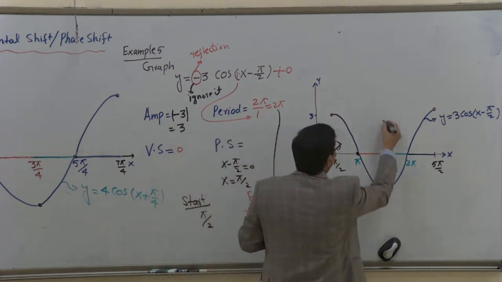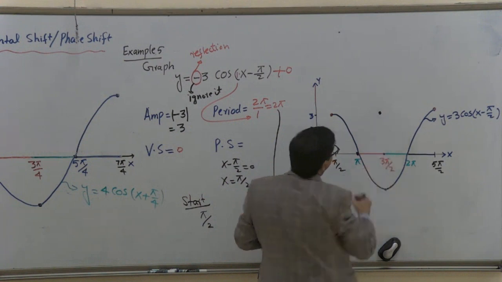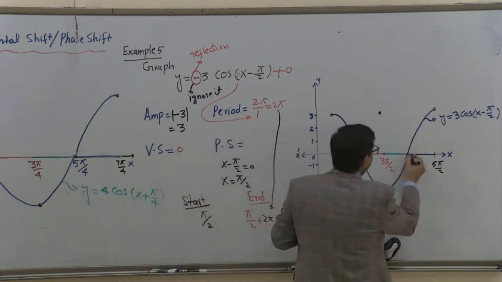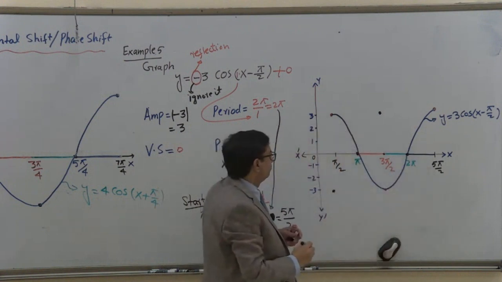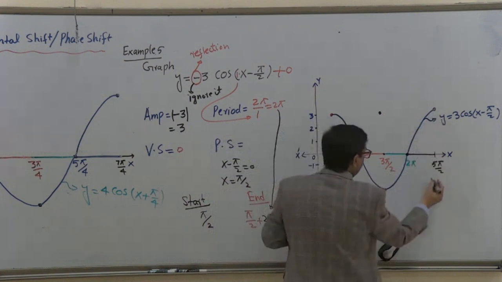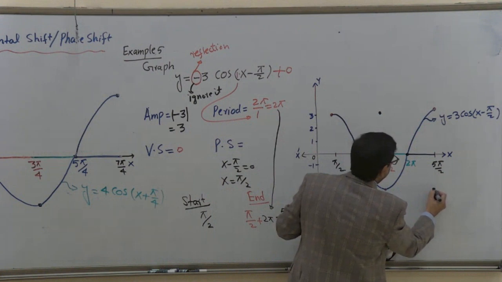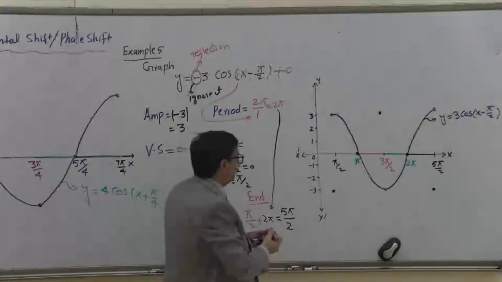The minimum point will go here at the top. Great. And then these zeros will stay on the x-axis. And the image of this point will come almost here. Okay, great. Now graph it.